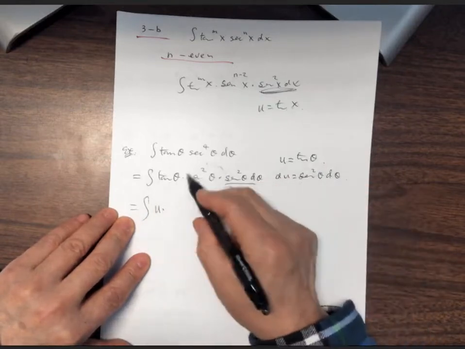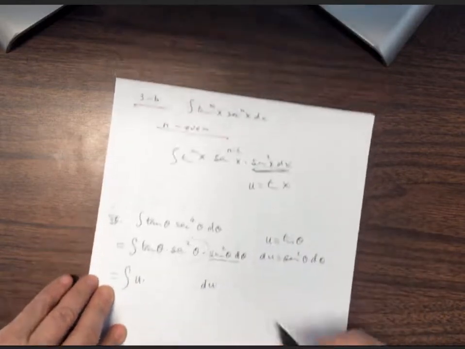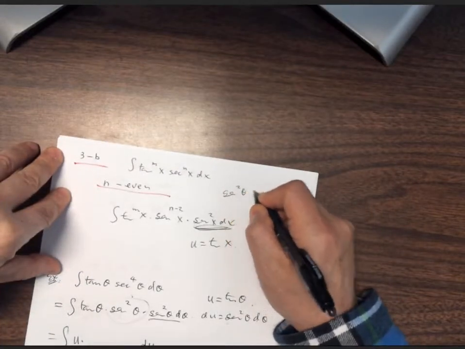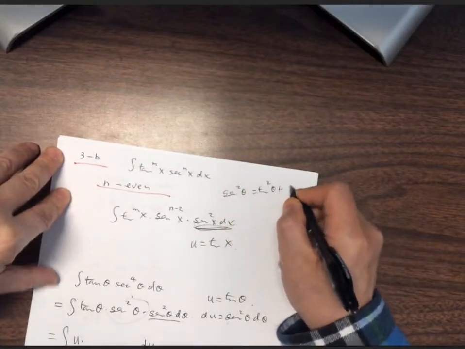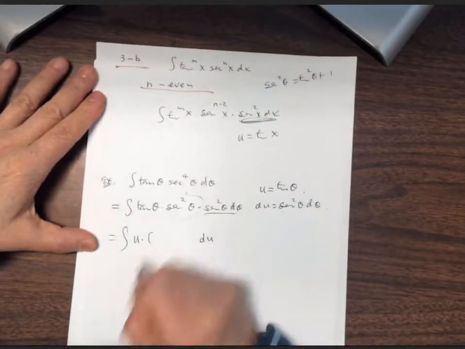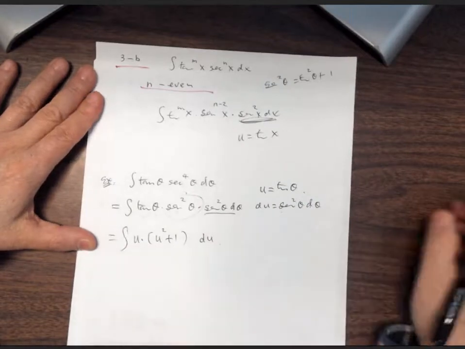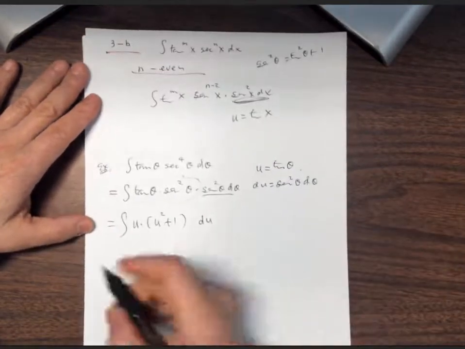Then there's a secant squared. Secant squared, according to our identity, is tangent squared plus 1, so it becomes u squared plus 1. Alright, works out nicely.